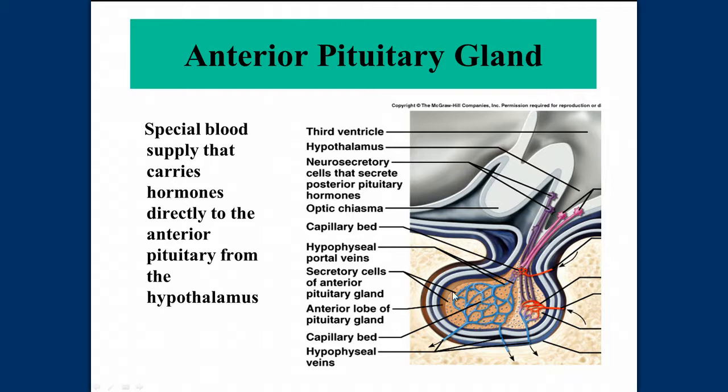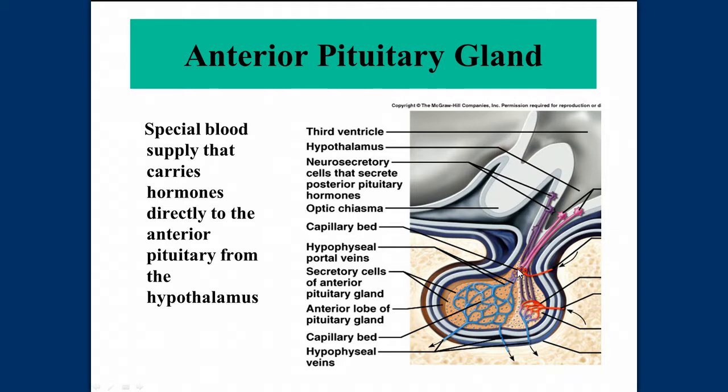pick up the hormone produced by the secretory cells. It secretes these hormones from the anterior pituitary gland. As those hormones are secreted, they are picked up by these paper-thin walls of these capillaries and venules, to be carried to the target cells, either to another gland, and then that gland will secrete another hormone that will go to the target cells, or this hormone is taken directly to the target cells for a reaction.